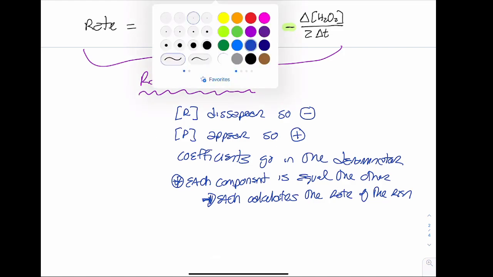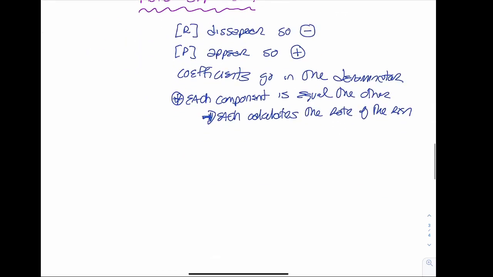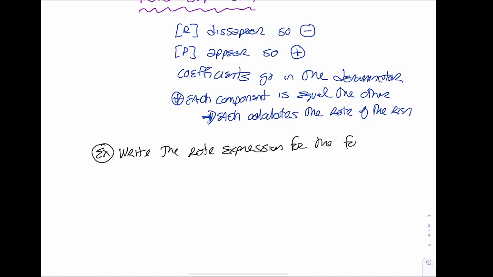So let's do one other example. So kind of a typical question that you would get from me would be to write the rate expression for the following reaction. So let's look at the decomposition of propane, or the combustion of propane.